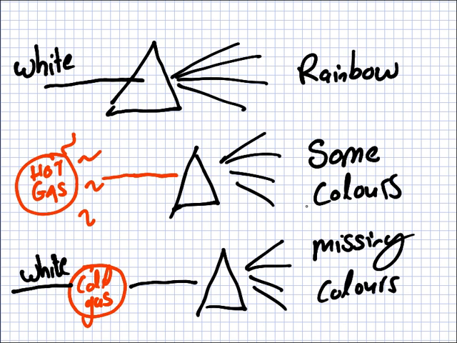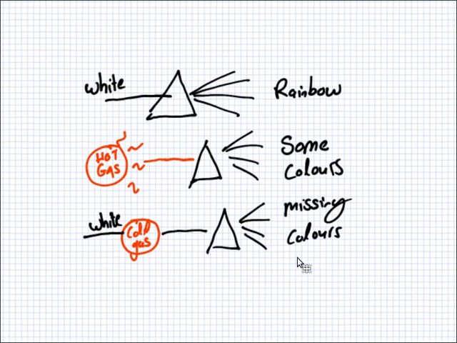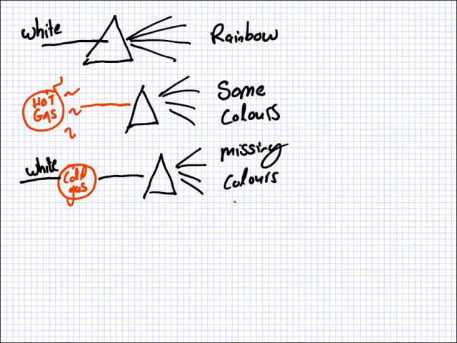Now, before you write anything, I want to explain why this happens. Okay? So, if you look at this hot gas, you have your atoms like this. Well, I'll just draw one atom.